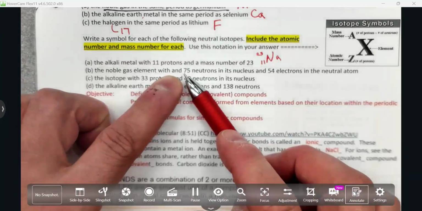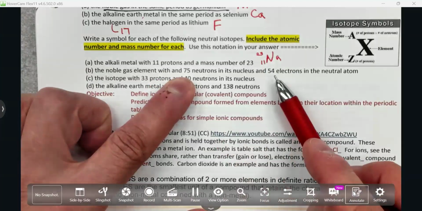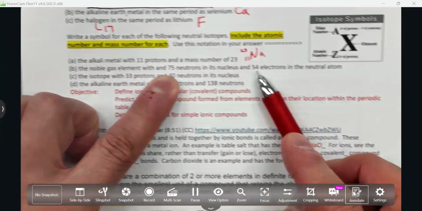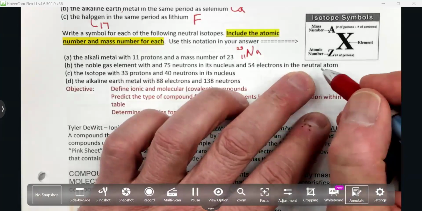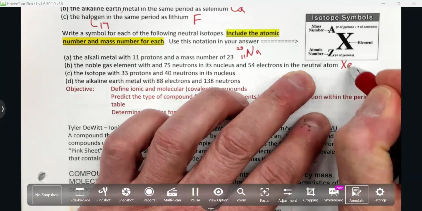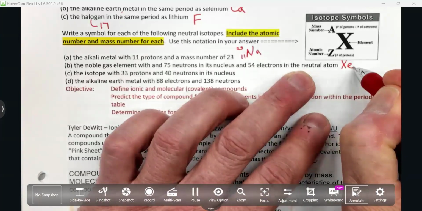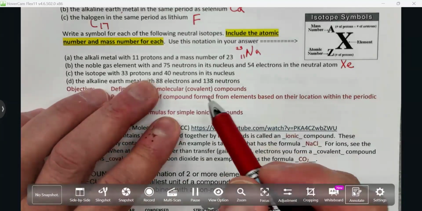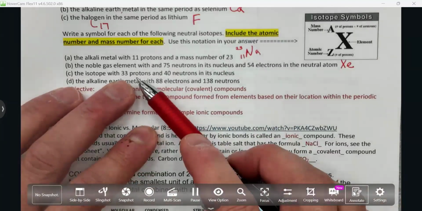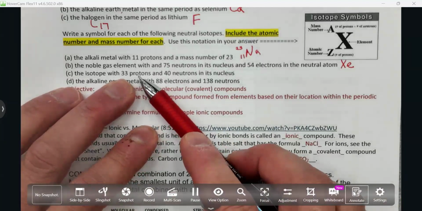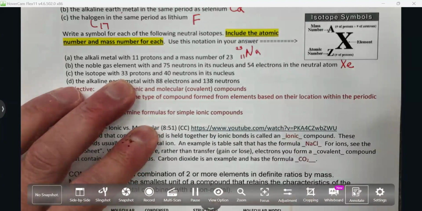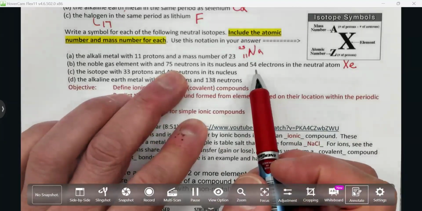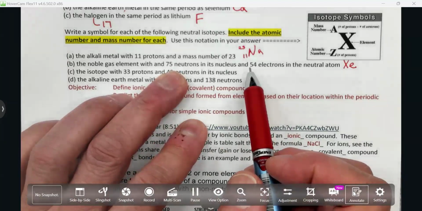The noble gas, 75 neutrons, 54 electrons. Noble gas, 54 electrons: xenon. Okay, we got 75 neutrons, 54 electrons, which would be 54 protons.